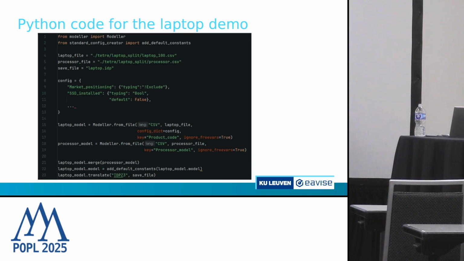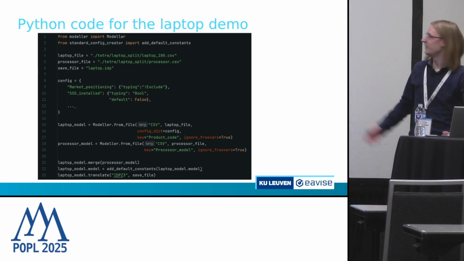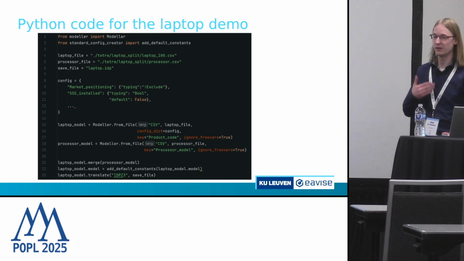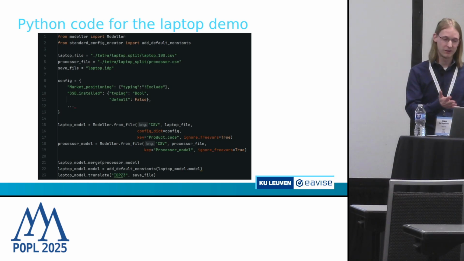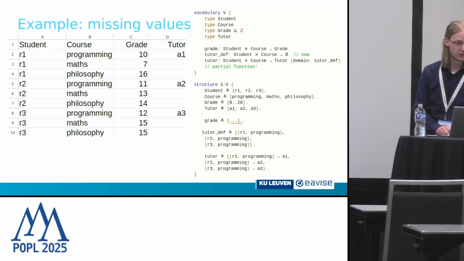This you have actually already seen, but with a simple example, but here I do it twice, once for both files. Then there's a merge function. I add my default constants, and I translate it, but here I don't print it, but I save it to a file. And that's all that's going on. So in these few lines of code, I'm able to transfer my tables into a fully functioning application.